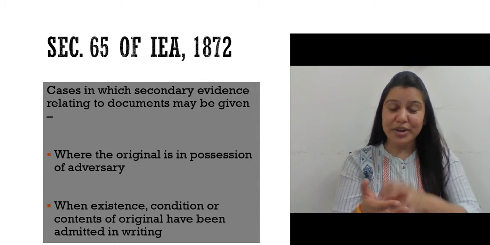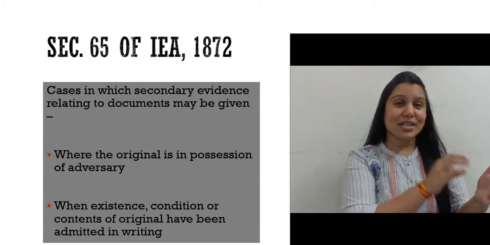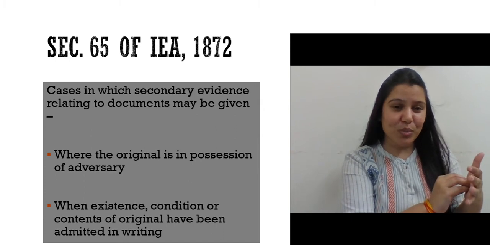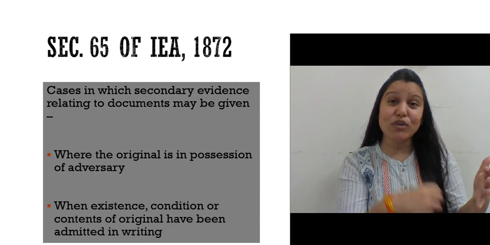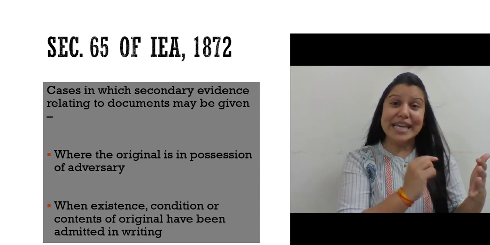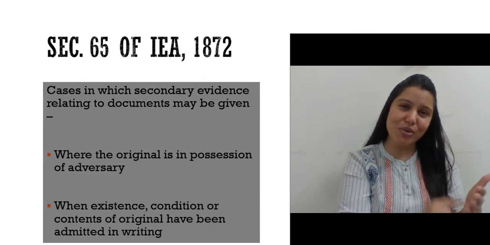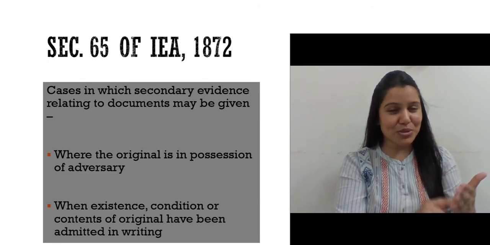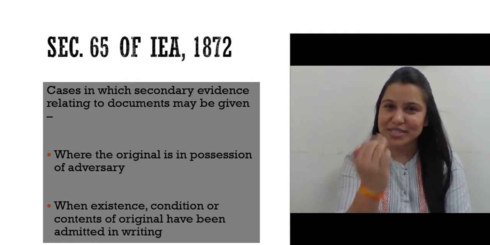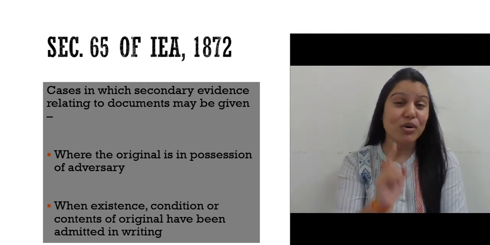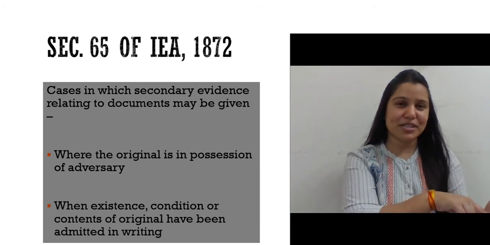So, when it comes to content, if you do not have the original, but you have something written which talks about the contents or the condition or the existence of the original document given by the adverse party itself, and it has to be in writing and before the hearing, then you can produce that very document before the Honorable Court, and that will be taken as the secondary evidence of the original one, the document about which the adverse party is writing.